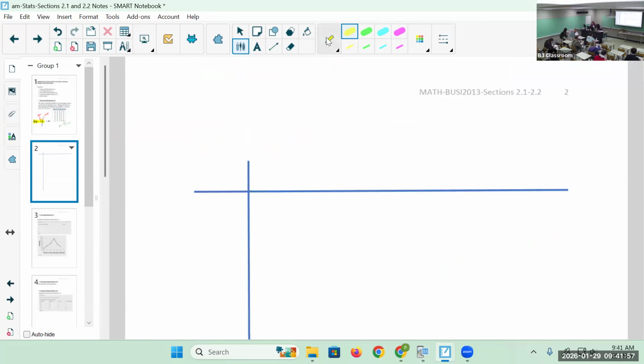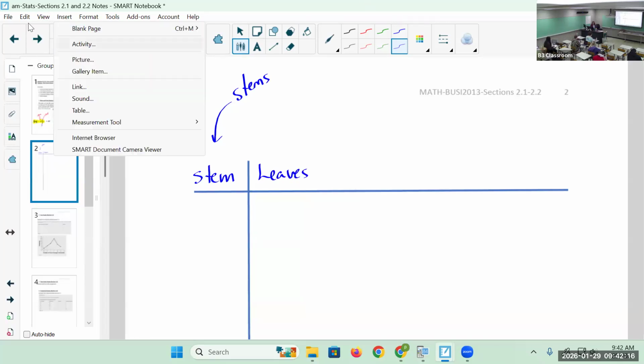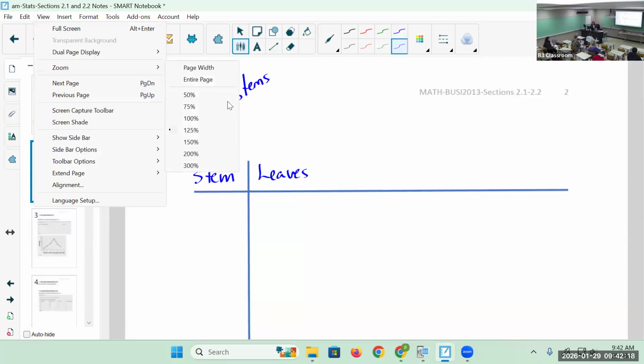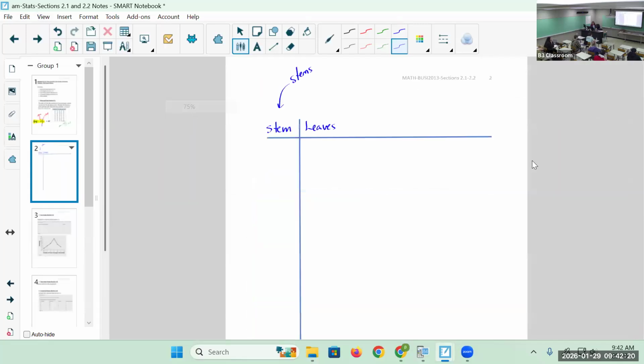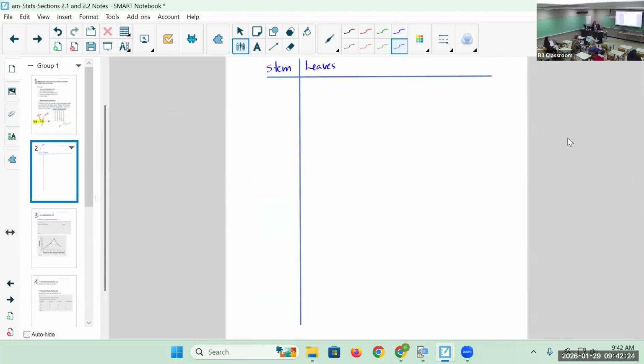Okay, so I'm going to go to the next page. In here, I'm going to have, again, the stems. In fact, I should have written stem here. And here are the leaves. I'm going to have to make it smaller. Now in the stems, I'm going to have to fit the numbers 1 through 14.